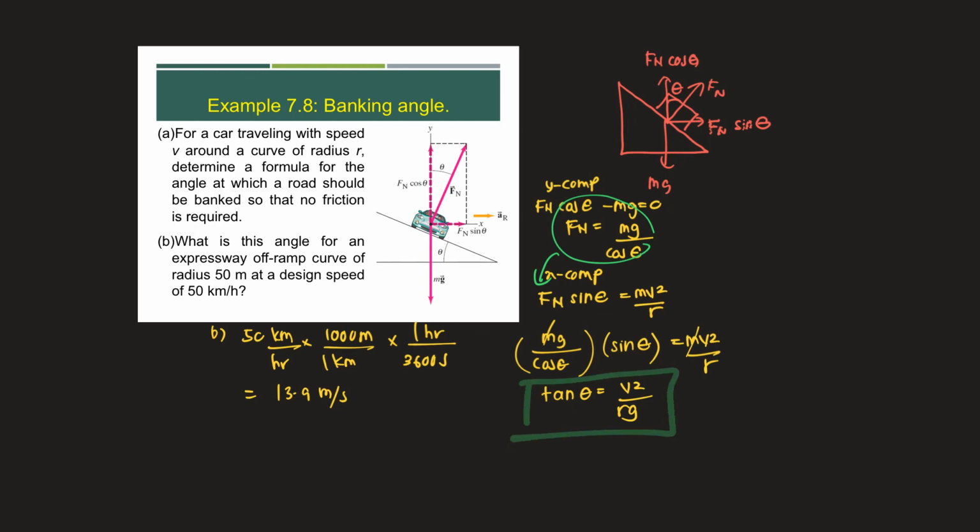So you are going to have tangent theta equals v squared, 13.9 squared, over r, 50 meter, and your g is 9.81. So you are going to get 13.9 squared divided by 50 times 9.81. So you are going to get tangent theta. The angle is 21.5 degrees.